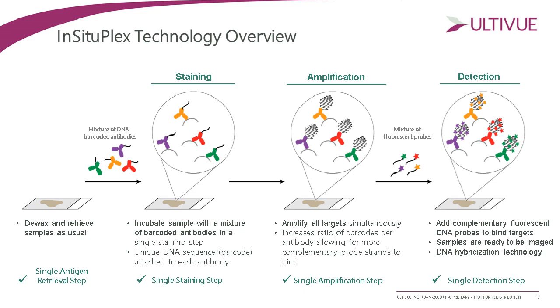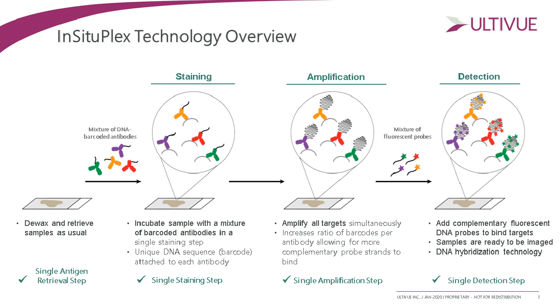We use primary antibodies that have been conjugated with DNA barcodes, and each antibody has its unique DNA barcode. This allows us to perform just a single antigen retrieval step, and of course, this helps keeping sample integrity.